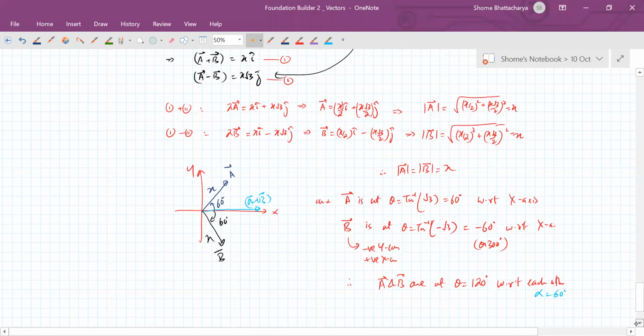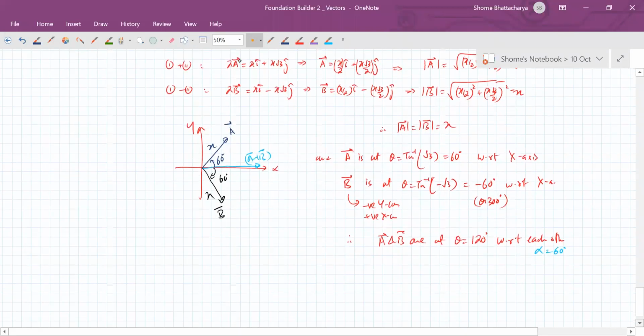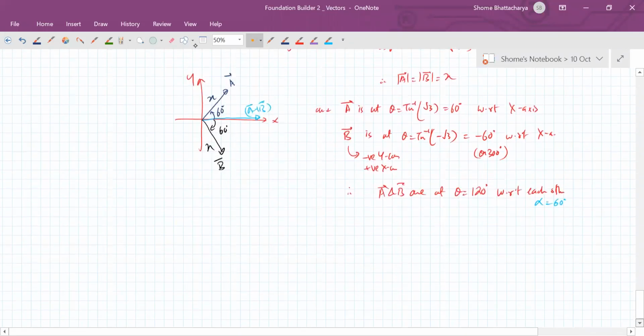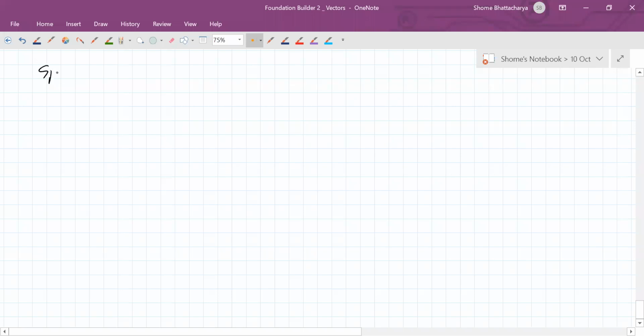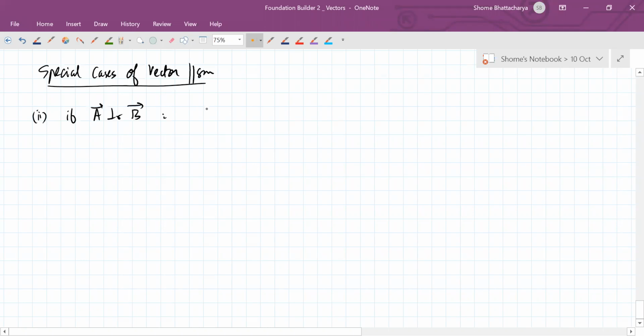Okay, so that is about this theorem. Okay, now next special case of parallelogram law we'll see. If vector A is perpendicular to vector B, then what happens? Our parallelogram becomes a rectangle.